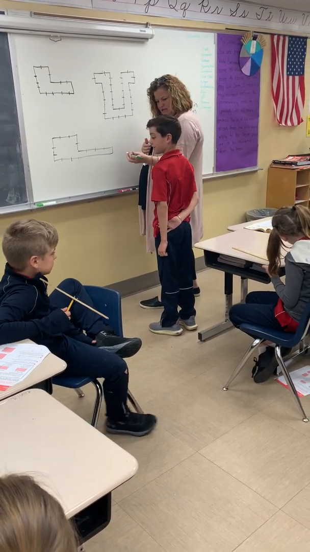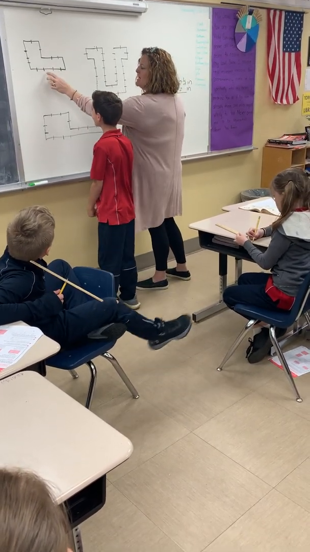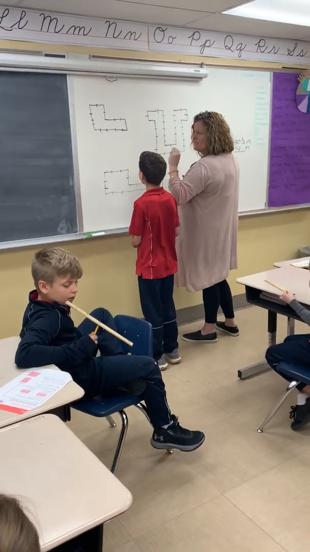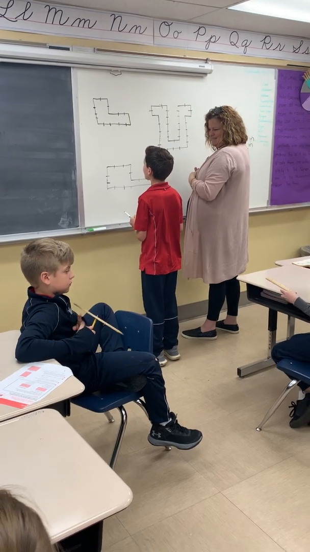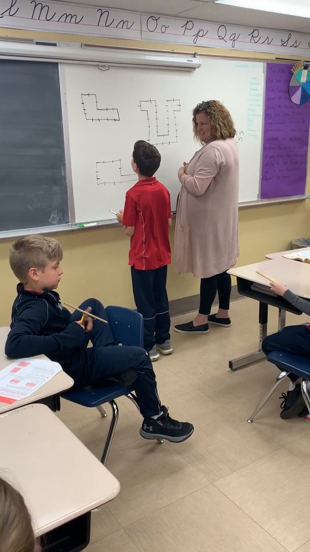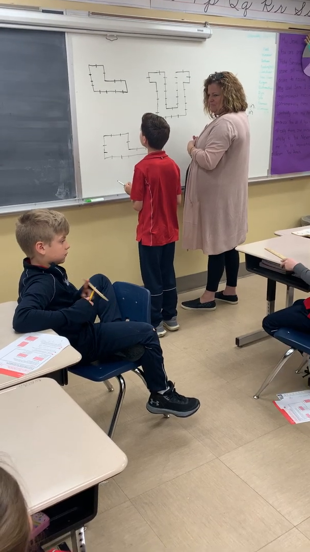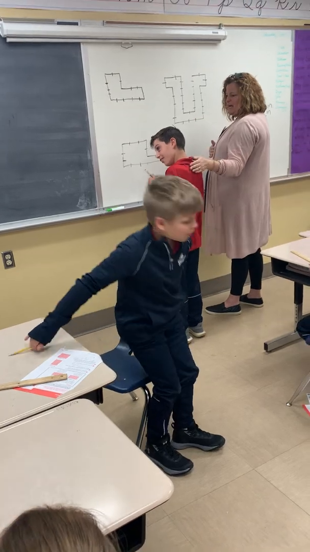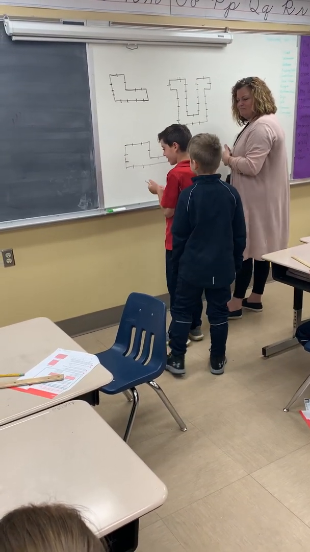Can you put a dotted line? Where? Here, you tell me. This is 2 different units, okay? How can we separate it into 2? Somebody want to help? You're gonna help Brady, okay? Don't just do it for him. Talk him through it.